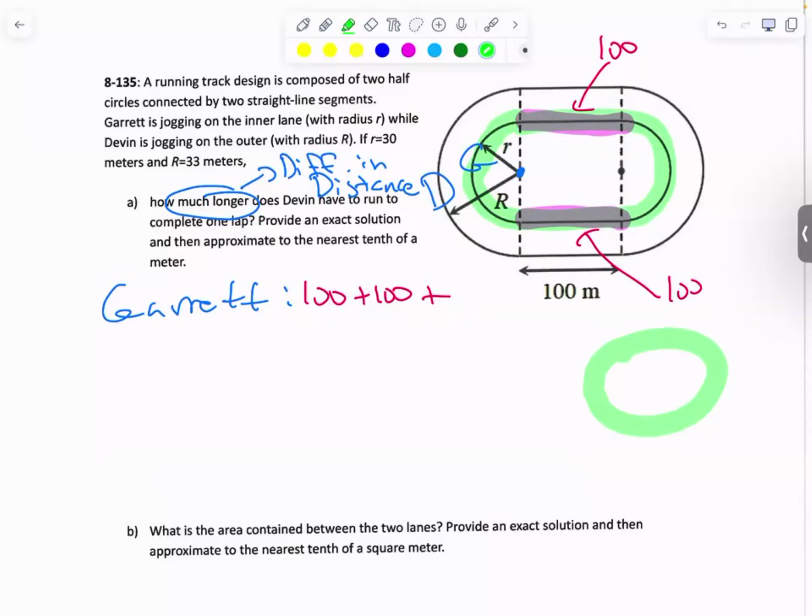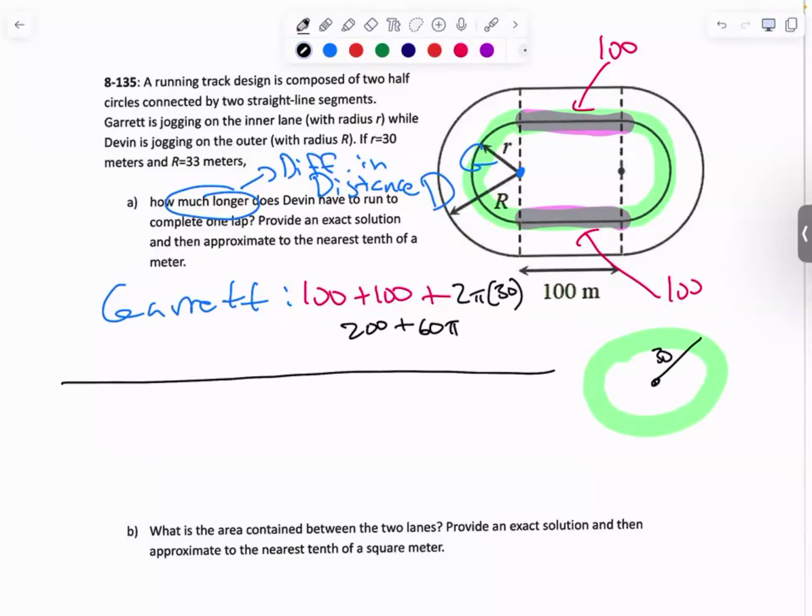What's going to be the circumference of that circle? We know the radius is 30, so plus 2 pi times 30. So Garrett's going to be 200 plus 60 pi.